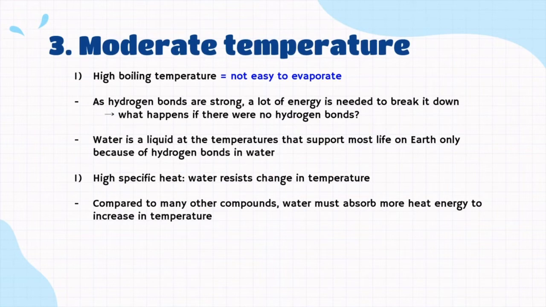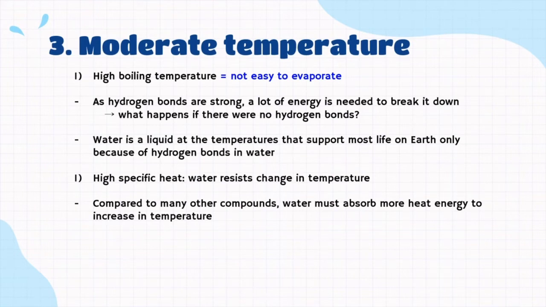Also, water has high specific heat. Specific heat is energy needed to raise 1 Celsius of 1 gram of matter. This means water resists change in temperature. An example would be metabolic processes in cells create a large amount of heat.